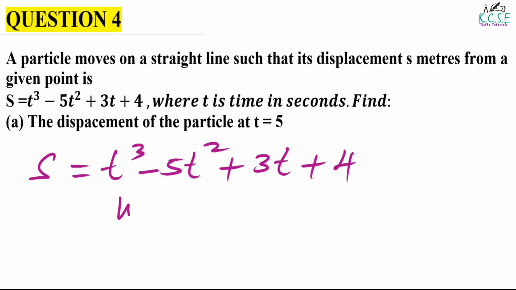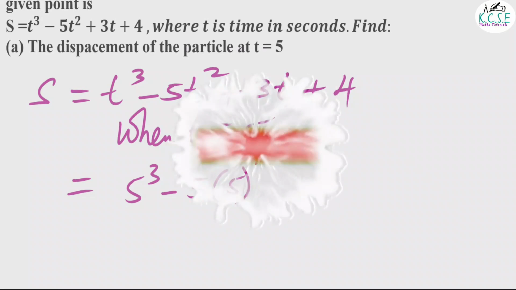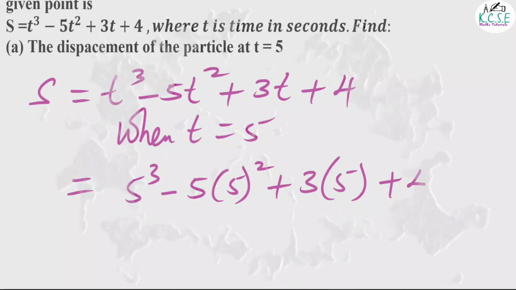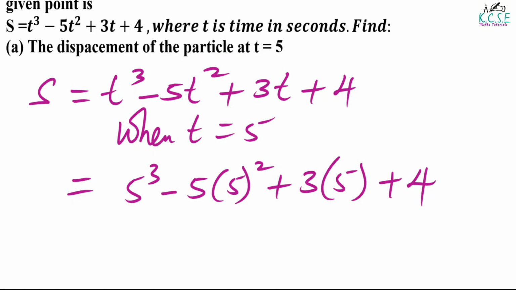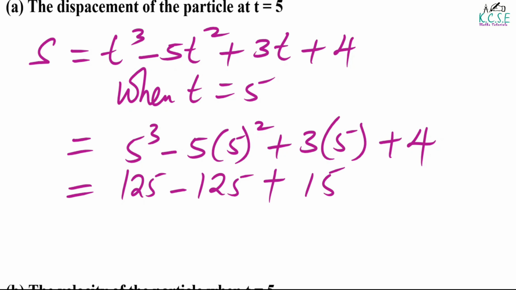So when t is equal to 5, just substituting, 5 cubed minus 5 times 5 squared plus 3 times 5 plus 4. And this gives 125 minus 125 plus 15 plus 4.